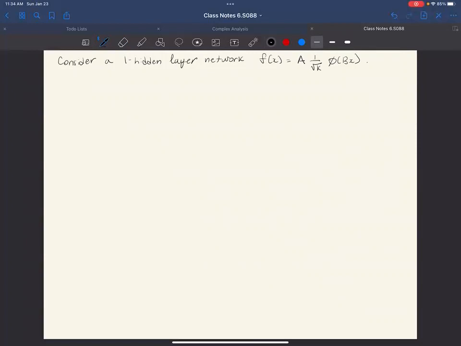And here, again, I'll just write it out for completeness: a is a 1 by k row vector, b is a k by d matrix.